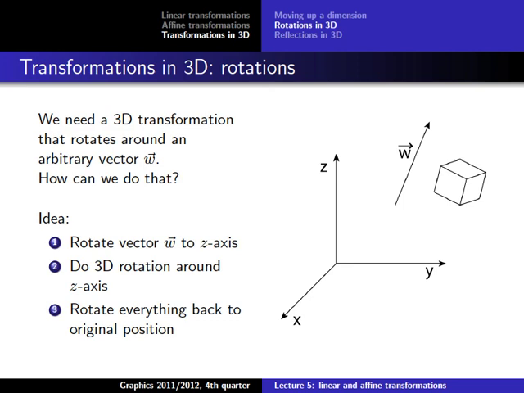So the most obvious way to do this, if we know how to rotate around an axis, and we know how to rotate around the origin, is, of course, to take the vector and everything else and rotate it in a way that it matches the z-axis, then do the rotation around the z-axis of everything, and then rotate everything back.